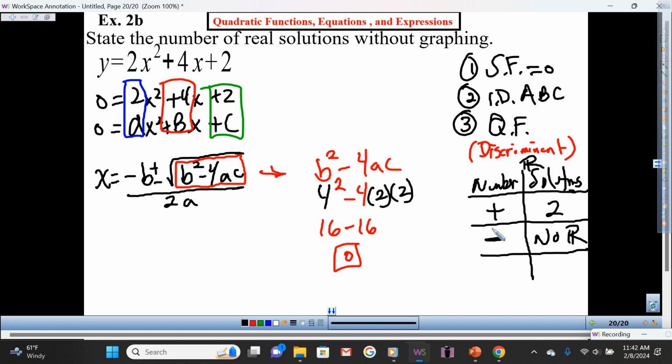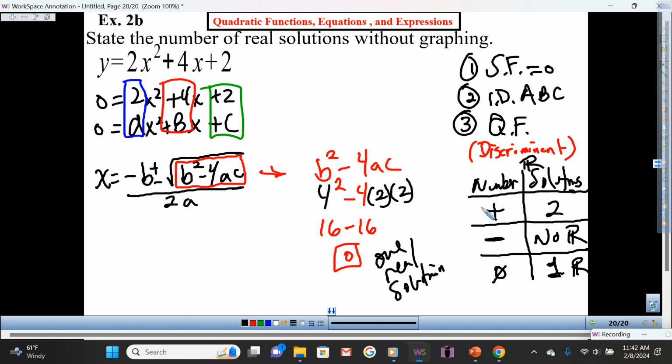And whenever, what else do we have, either positive or negative? What's the last thing? A 0. Whenever you end up with a 0, it's 1 real solution. So question, how many real solutions does this one have? 1 real solution. You're like, but it says 0, Mr. Q. Yeah, we got 0 to simplify, but if you look at our table, there it is.